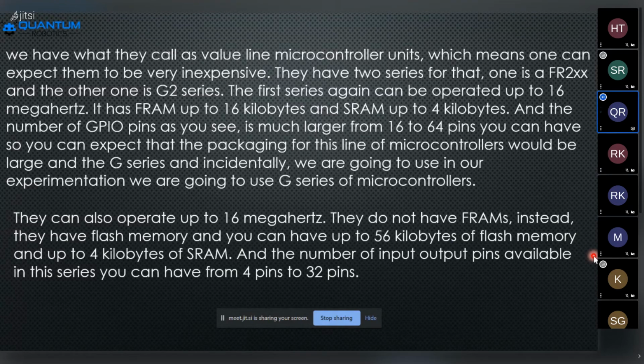The FR2xx can only go to 16 megahertz, but the G series can add 16 kilobyte KB.